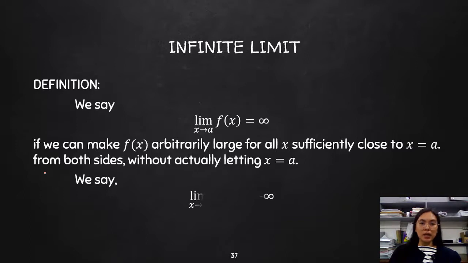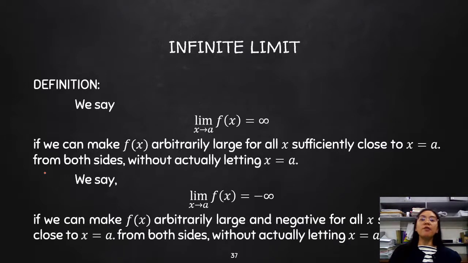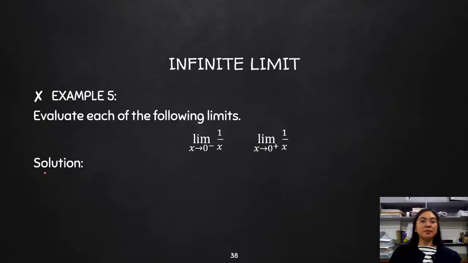And we also say that the limit of the function f of x is equal to negative infinity as x approaches a if we make f of x arbitrarily large and negative for all values of x sufficiently close to x is equal to a but not actually letting x be equal to a.